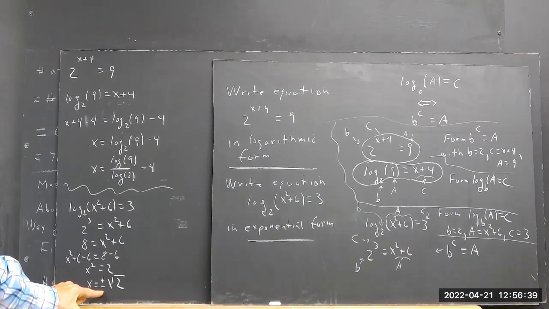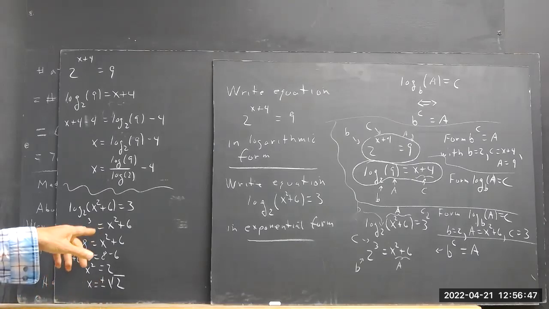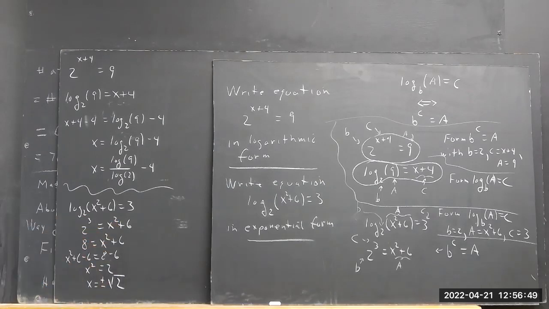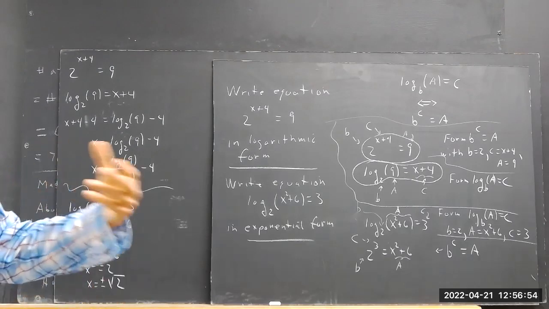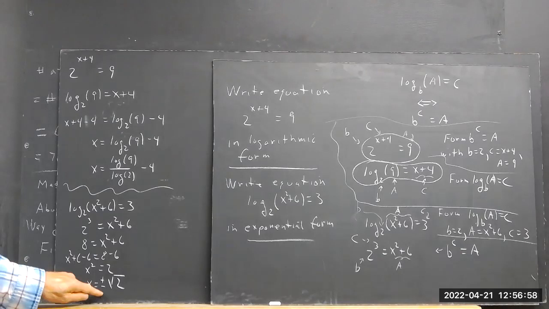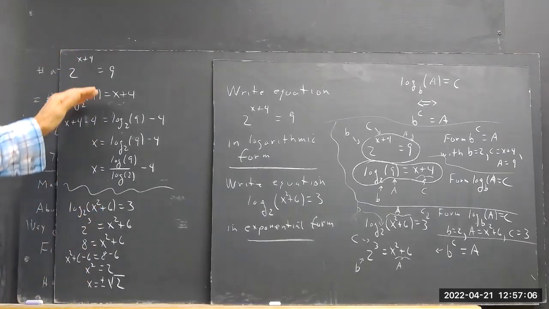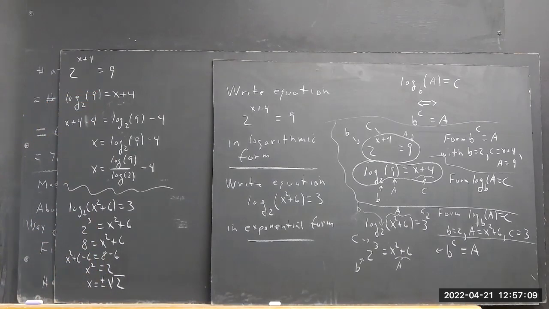This is actually a quadratic equation. You could have used the quadratic formula. It could have been x squared minus 2 equals 0. So A would be 1, B would be 0, C would be minus 2, and you plug it into the formula, and you would get 2 solutions. So make sure that we're good with this because we've got to go on with some more rules for logarithms.